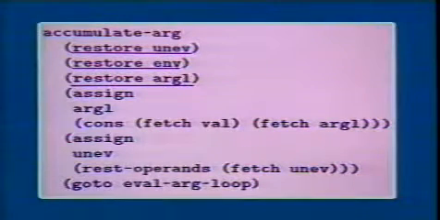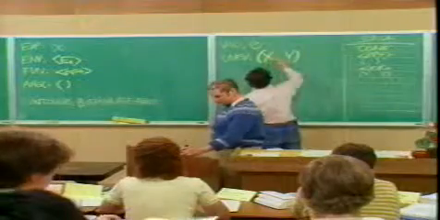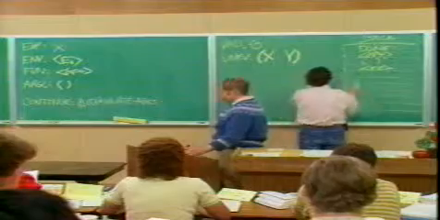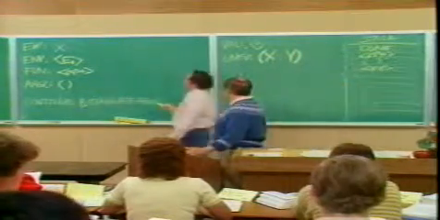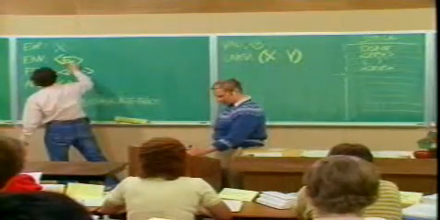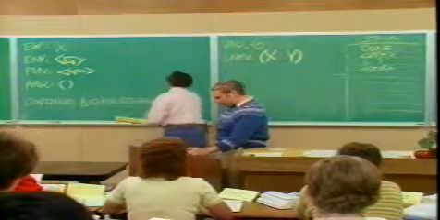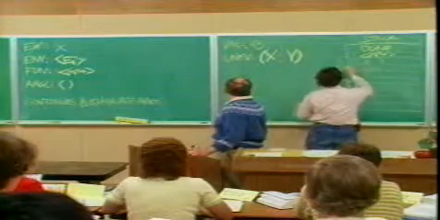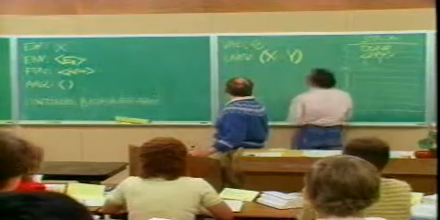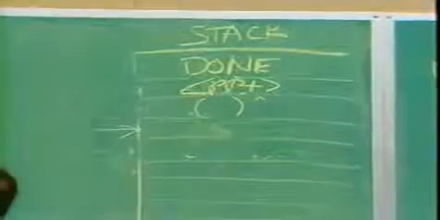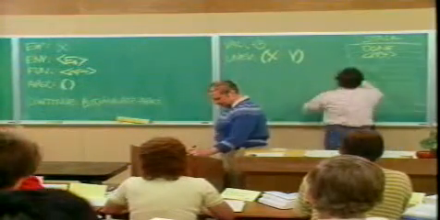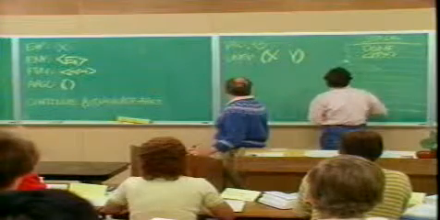Now what do we do? We're going to go back and look at the rest of the arguments. So we restore unev. We restore env. We restore argl. Whoops, parity error. Restore argl.